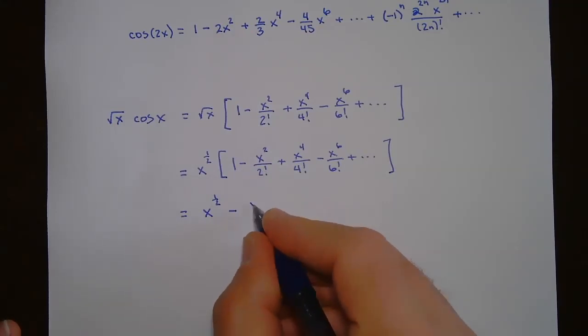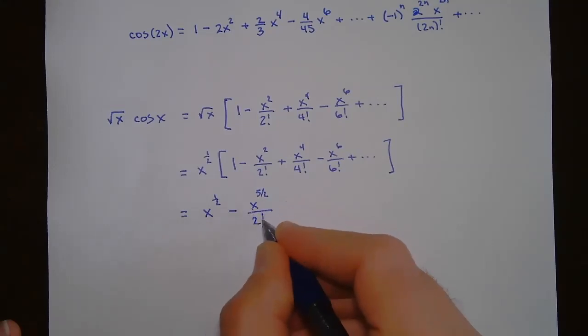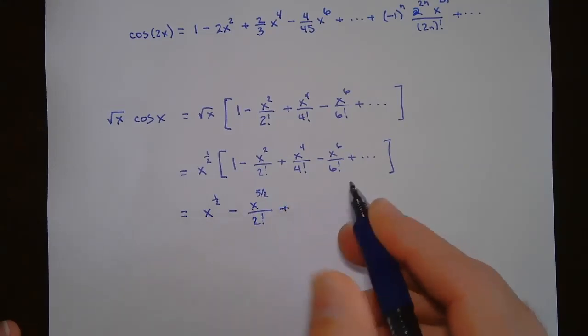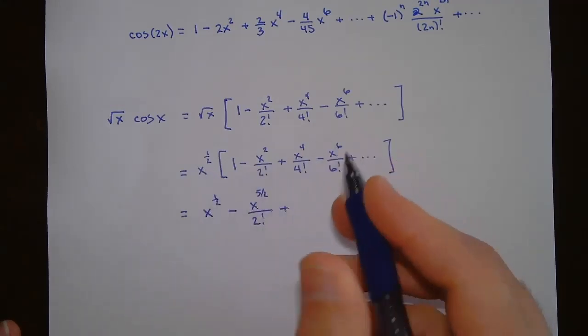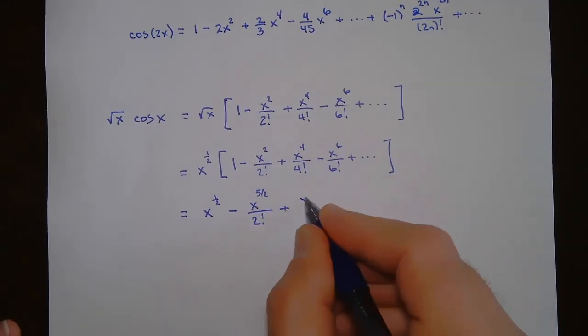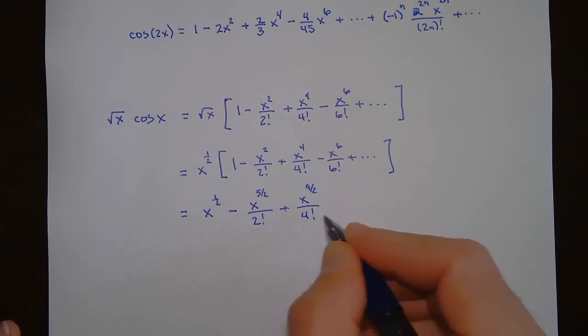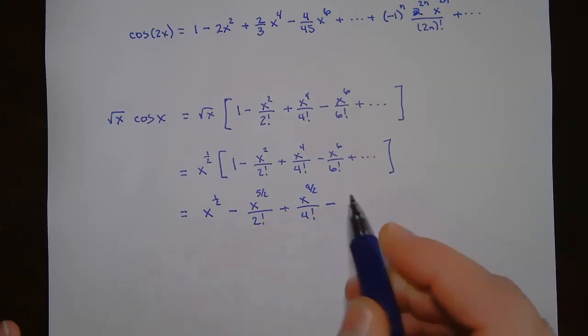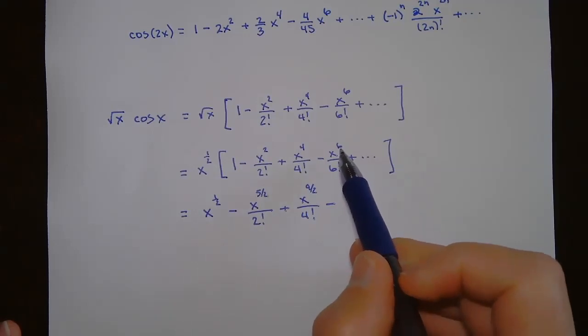So minus x to the 5 halves power over 2 factorial, and then plus, this is 8 halves, right? Because 8 halves is 4, plus the 1/2 is 9 halves. So plus x to the 9 halves over 4 factorial, and then minus, and this 6 is 12 halves.